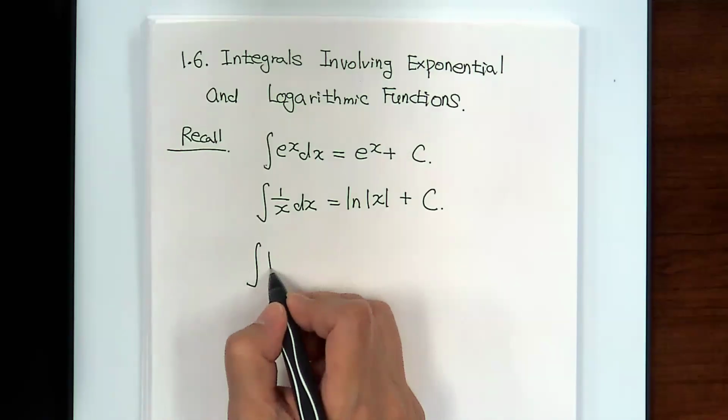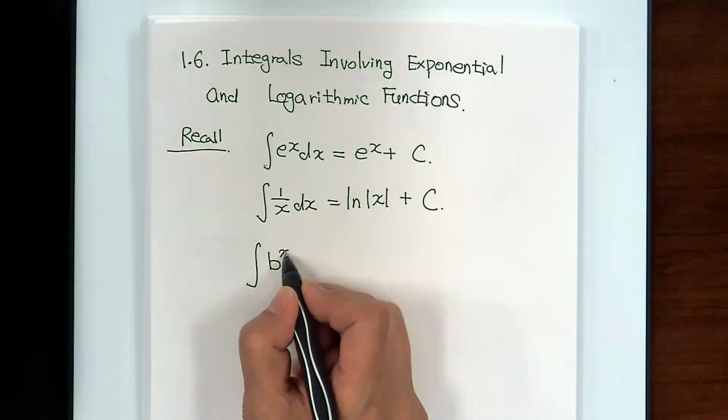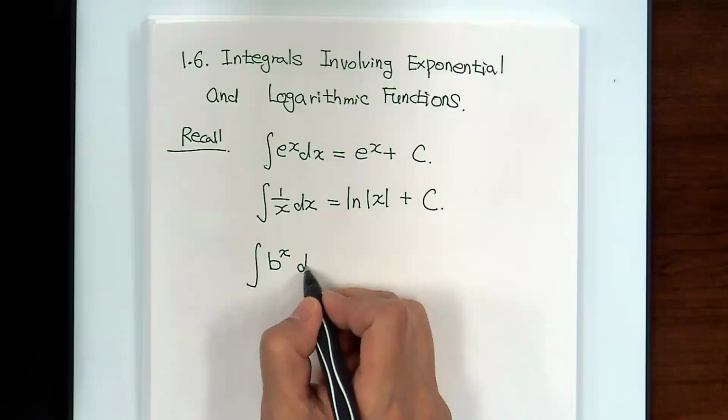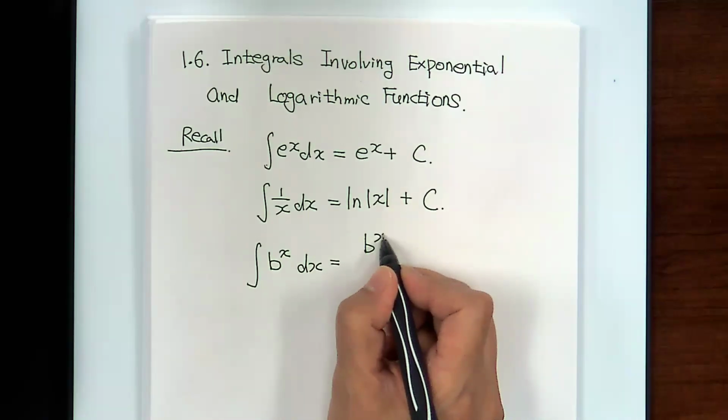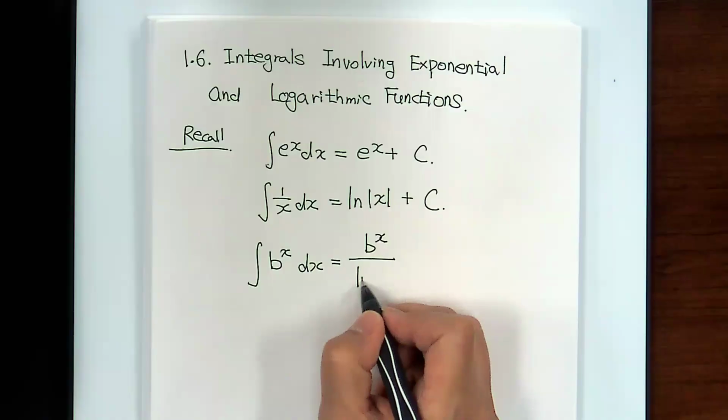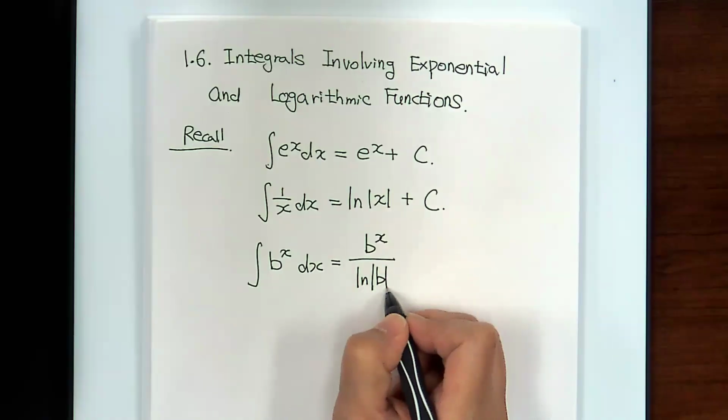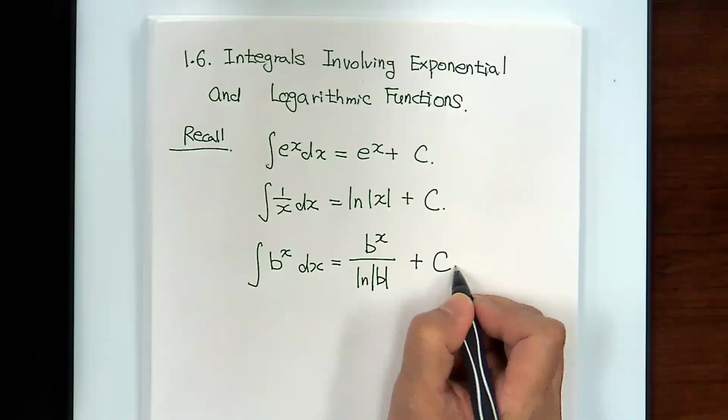If we have b to the x and integrate, then that is b to the x over natural log of absolute value of b plus c.